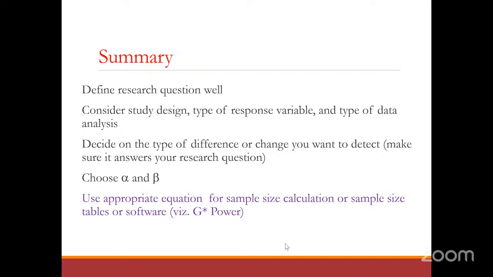There is also software called G*Power, which is very good, but it is very time consuming to understand. After taking these sample size ideas, the next thing is the sampling methods.